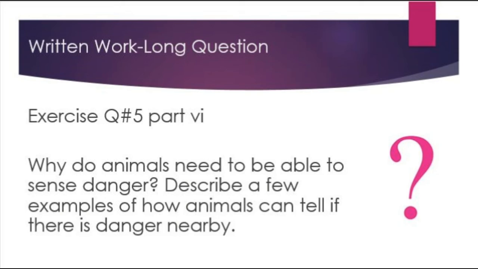Describe a few examples of how animals can tell if there is danger nearby. For the answer, many examples are given in your textbook, page number 28 and 29. Also, you can pick examples given in the presentation. But why animals need to be able to sense danger? You all need to think about the answer to this part yourself.